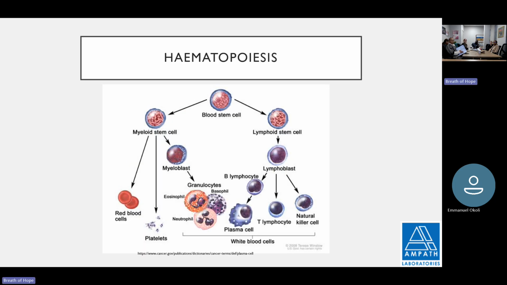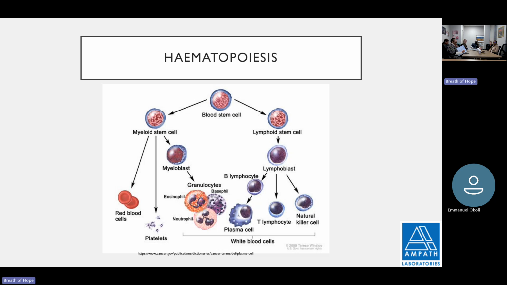So this is just a recap, to give you an overview of where we're going to talk. We get our bone marrow stem cell, and it will produce a myeloid stem cell or lymphoid stem cell. From your myeloid stem cells, we'll get your red blood cells, as well as your megakaryocytes, and then your white blood cells with all your granulocytes. And then if we move to the lymphoid section, you'll see that you'll make B lymphocytes. If your B lymphocytes terminally differentiate into plasma cells, these plasma cells will then produce immunoglobulins.